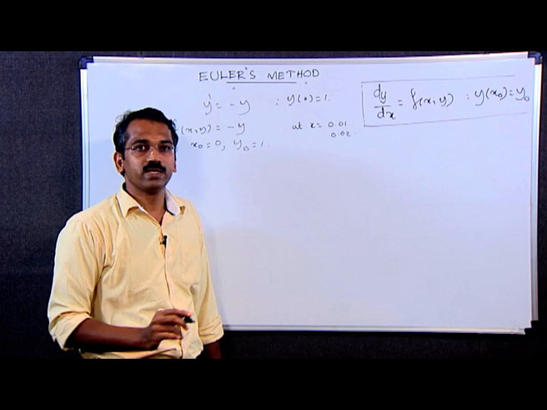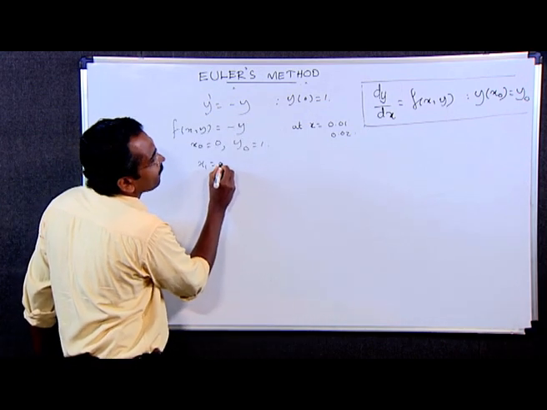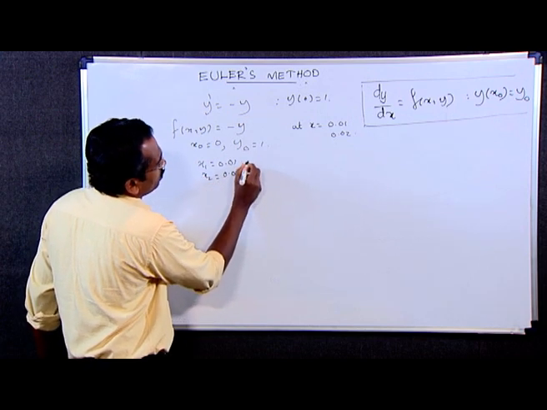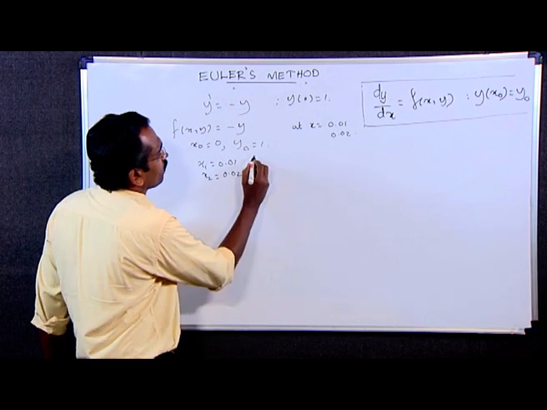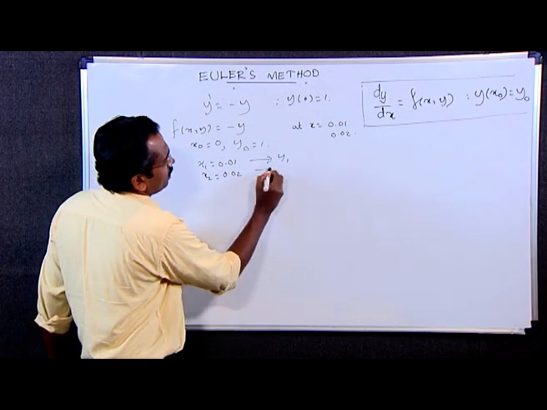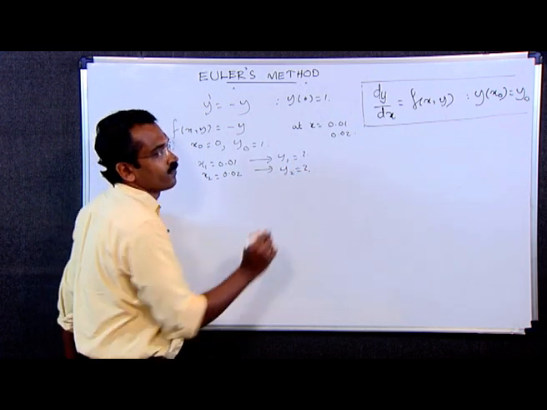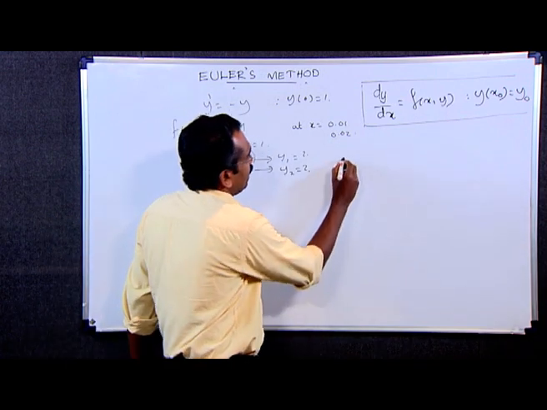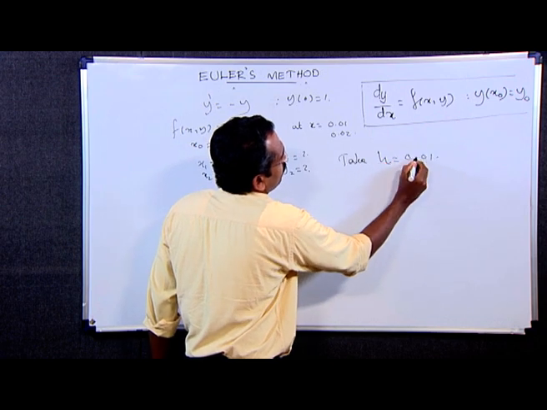Therefore, we can take x1 as 0.01 and x2 as 0.02. We want to find the corresponding y1 and y2 by the Euler's method. We take h as 0.01.